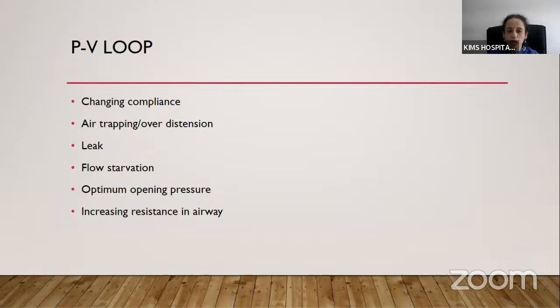Pressure will be on the x-axis and volume will be on the y-axis. We can know the changing compliance after giving surfactant for a preterm baby. We can identify air trapping or over distension. We can identify the leak and we can identify flow starvation if the flow is inadequate. And we can identify if there is optimum opening pressure and increasing resistance in the airway.